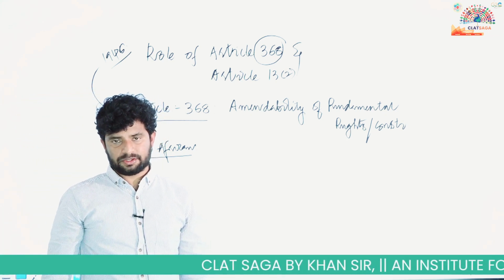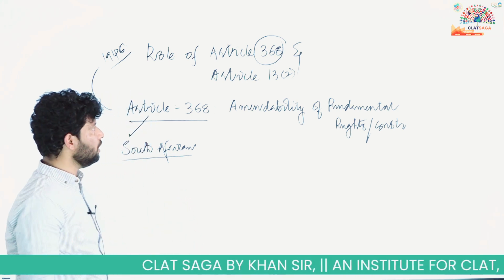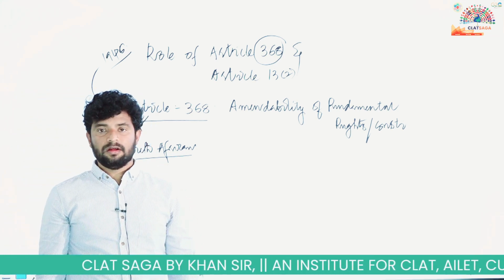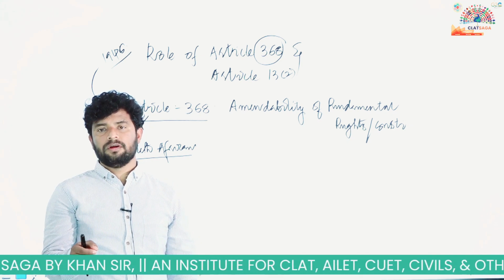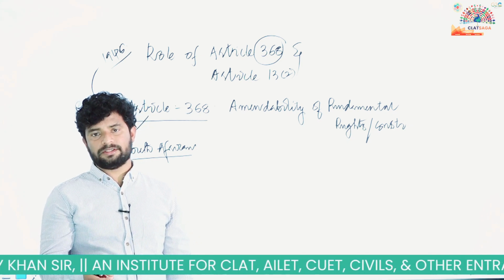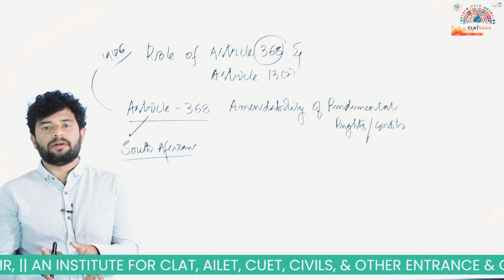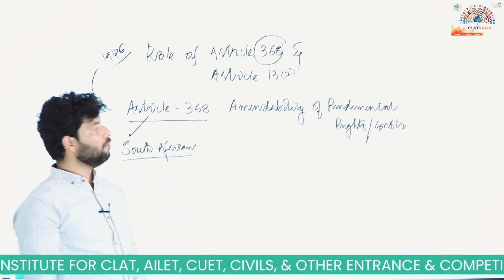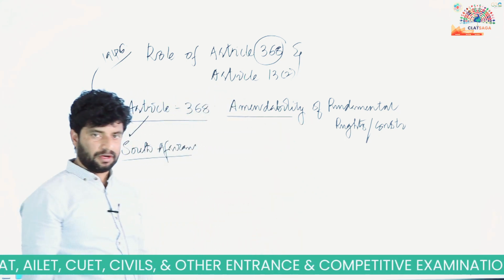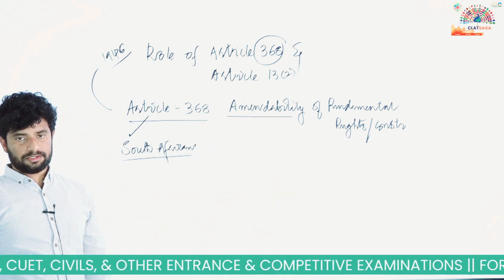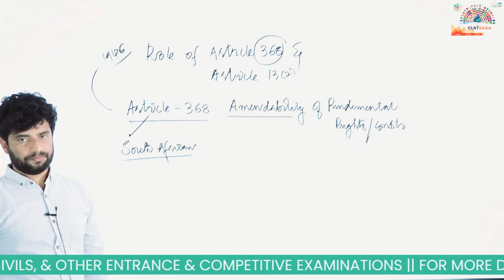To maintain flexibility, they mentioned Article 368, so that as society changes and people's needs change, the Constitution is also acclimatized. Therefore there is an amendability procedure mentioned in the Constitution of India under Article 368 subclass 2.